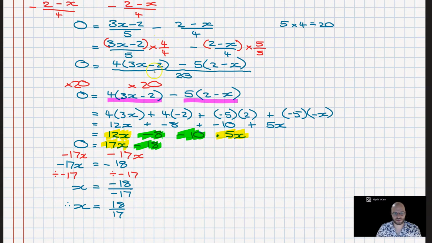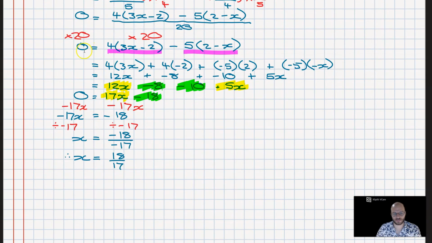Once you have a singular fraction, multiply through by the denominator of the fraction to cancel the fraction out. Therefore, we're simply left with a linear equation on the right hand side and nothing still on the left. Then it's simply a matter of open the brackets up, collect like terms, move the variable terms to the left, constant terms stay on the right, get rid of the coefficient, solve for x. Nothing to it.